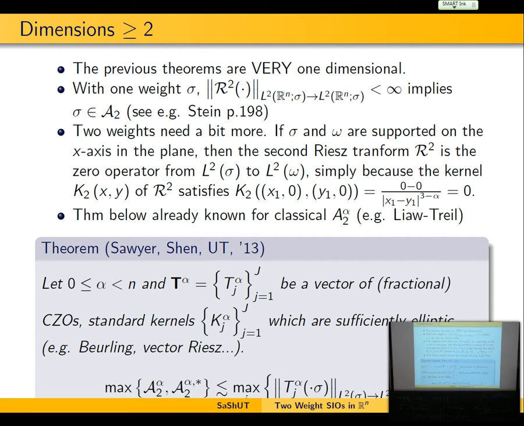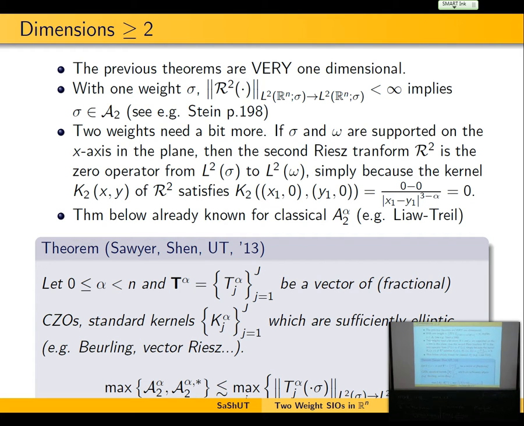So with one weight, the boundedness of this single one already implies that the weight is an A2. This is, for example, on page 198 of the book by, well, anyway. So as soon as you do two weights, this is a very simple-minded example, but it already shows you that there's a little glitch. It's not too hard to see.